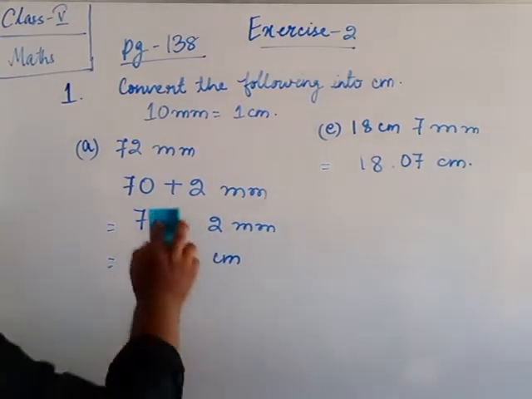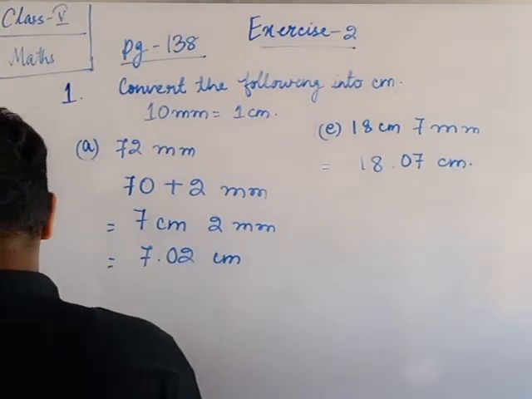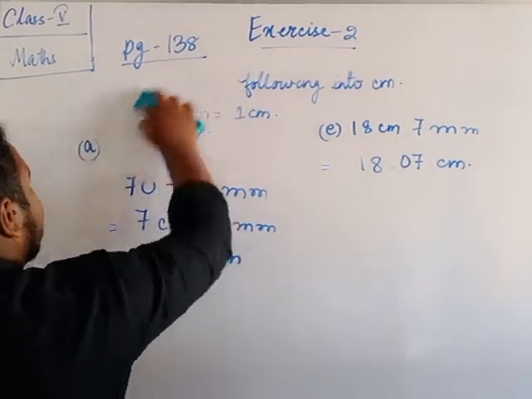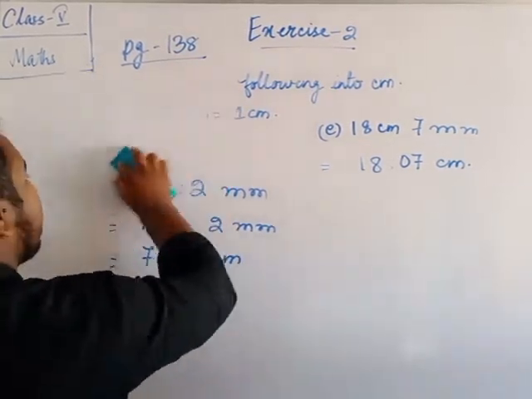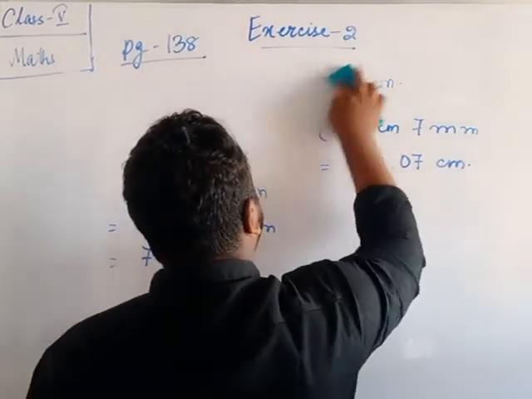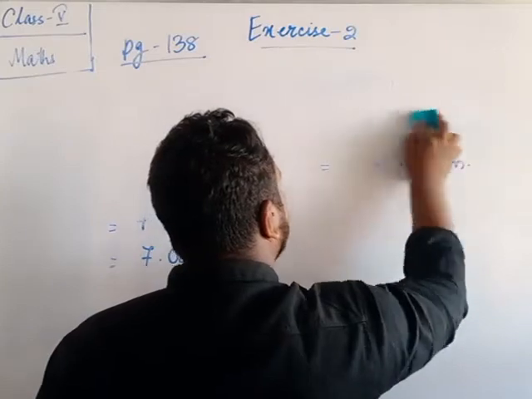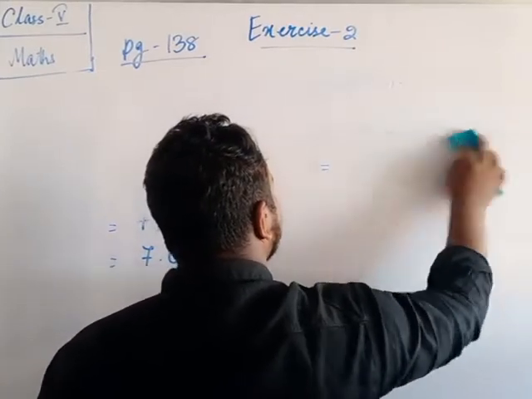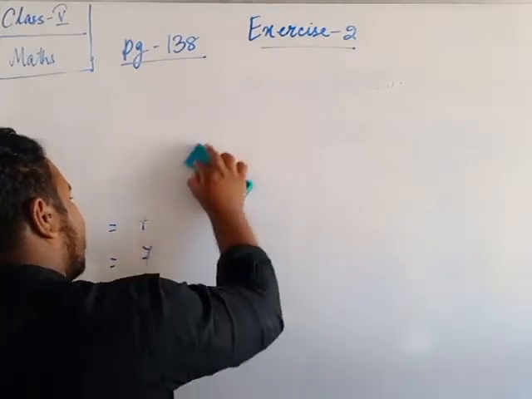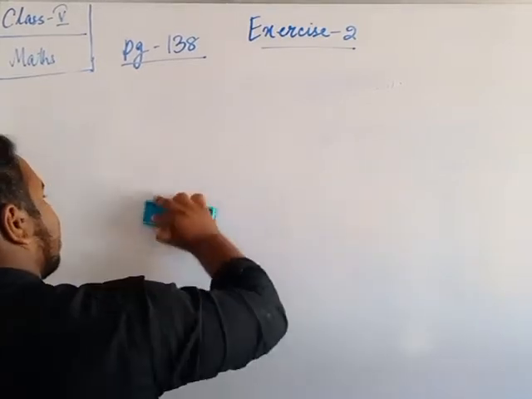In this exercise there are nearly 13 to 15 questions. We have to complete it fast. Whichever you feel doubt, you can ask me without any hesitation. You will understand it very nicely.